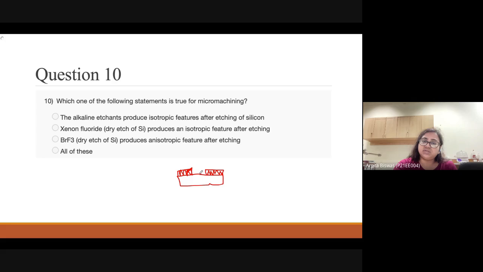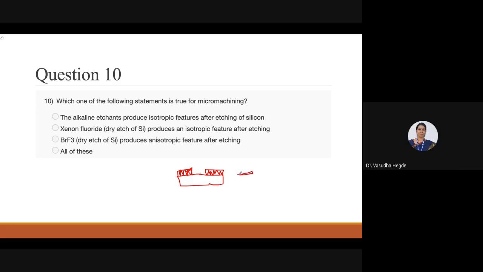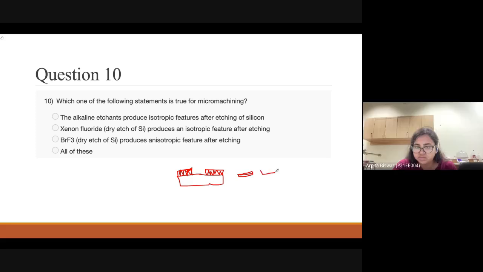If we use a dry isotropic etching process, what type of structure will we get? Since it etches at the same rate in all directions, we get this type of structure. So undercut is present.